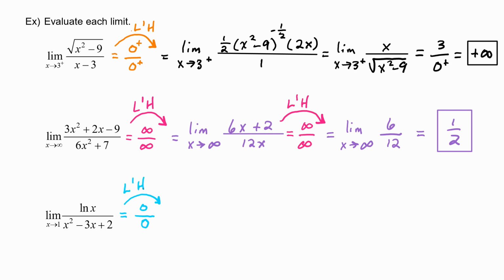rule, which means that this is going to equal the limit as x approaches 1 of the derivative of the numerator. So the derivative of natural log of x is 1 over x, over the derivative of the denominator, which would be 2x minus 3.